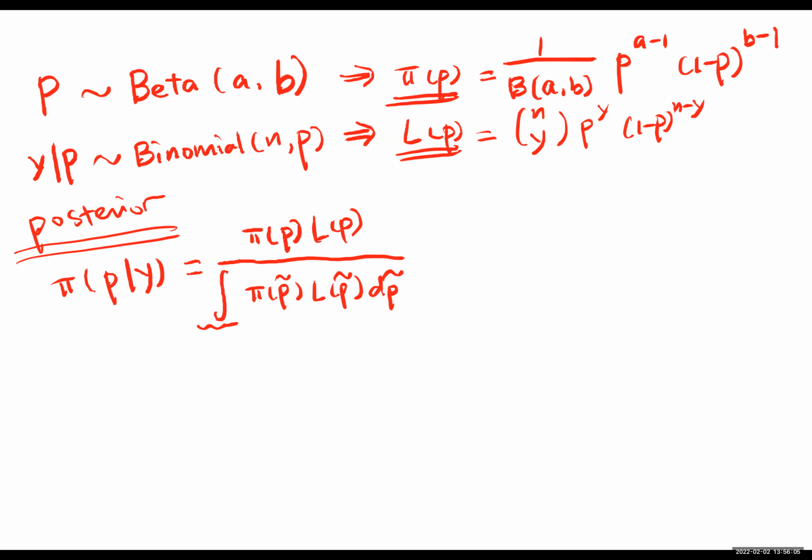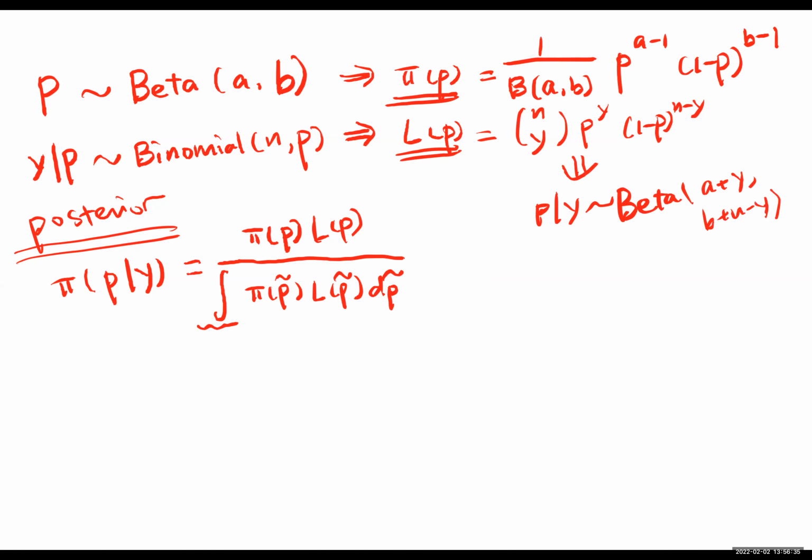The integration might not be as straightforward, but we know the final answer, right? We know the final should be another beta. So we know the goal to work towards. I'll write it out: the final posterior is going to be another beta, as we know. Generically, it's going to be Beta(a plus y, b plus n minus y).